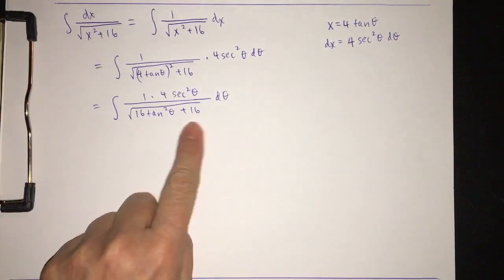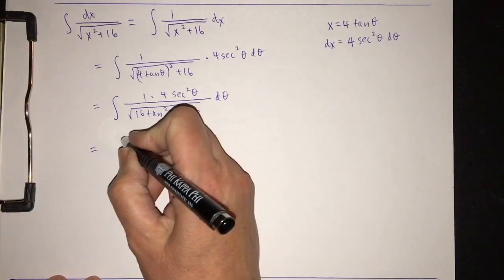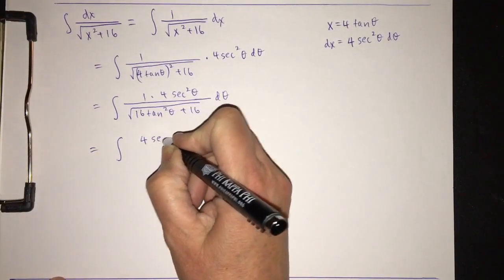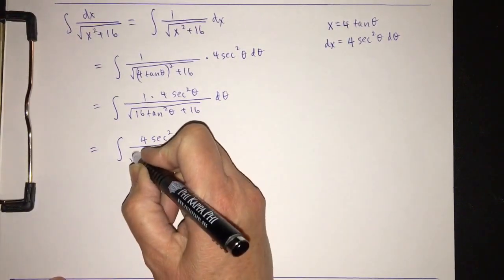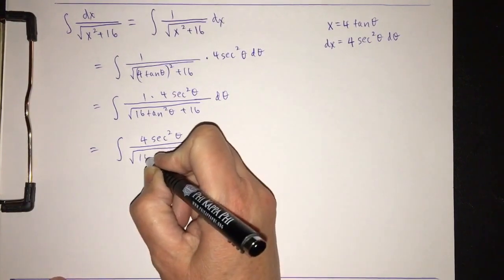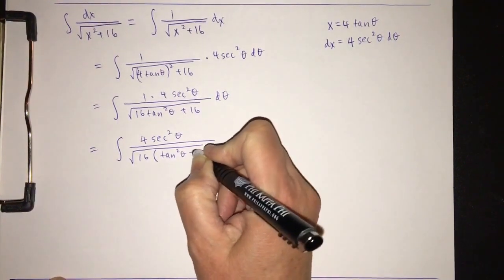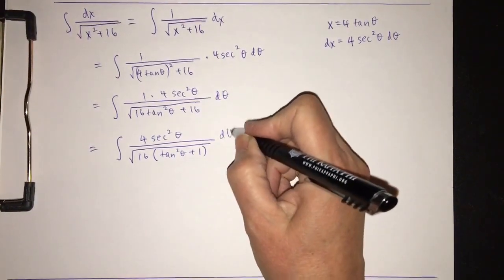In the denominator, I will factor out 16. So this will be the integral of 4 secant squared theta over the square root of 16 times tangent squared theta plus 1 d theta.